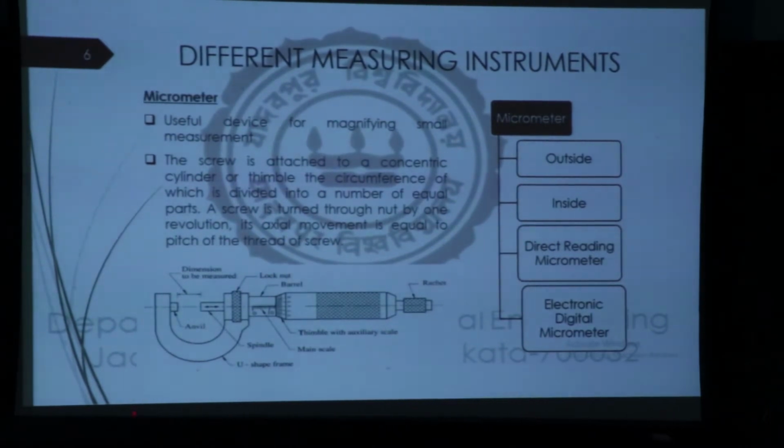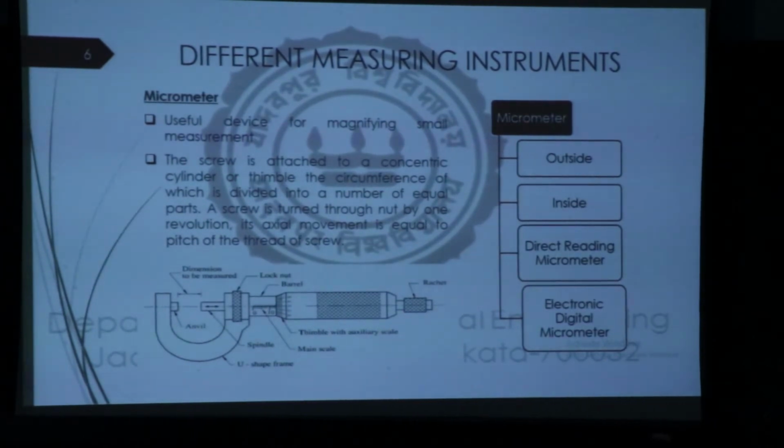Any micrometer, very commonly the standard one, is the outside micrometer. In this particular micrometer, there are some important parts. This is the anvil, which is fixed, the moving spindle, this is the barrel, or sometimes called the sleeve, this is the thimble, this is the ratchet.